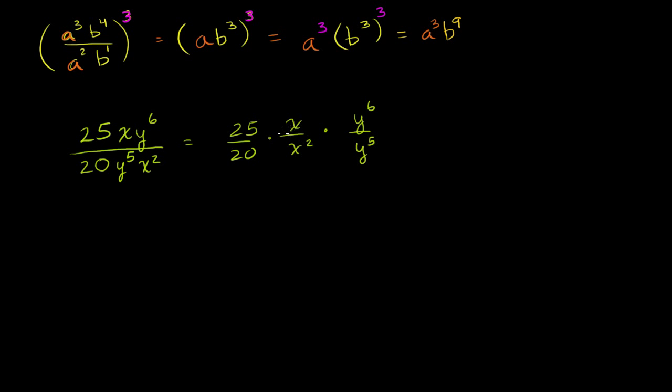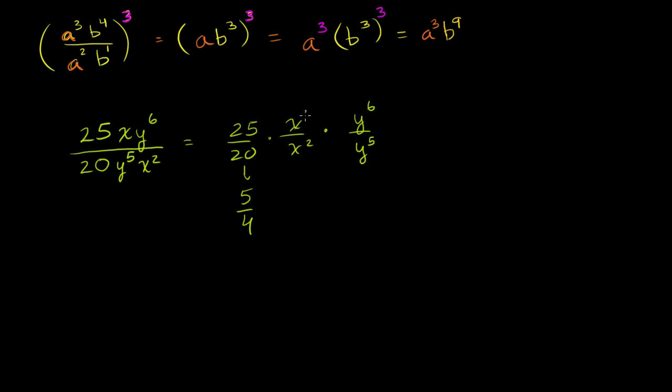And let's use our newly learned exponent properties and actually just simplifying fractions. 25 over 20, if you divide them both by 5, you're going to get 5 over 4. X divided by x squared. Well, there's two ways you could think about it. You could view that as x to the negative 1.